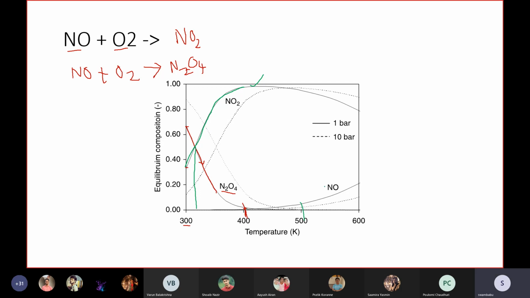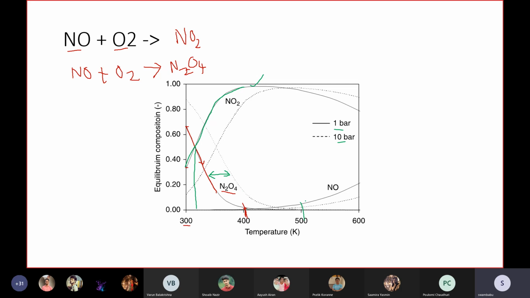If you go beyond that, as the temperature increases, the N2O4 concentration increases again. Whether at 1 bar pressure or 10 bar pressure, the trend is similar. At higher pressure, the temperature will be slightly shifted to the right-hand side, but there is no other difference.